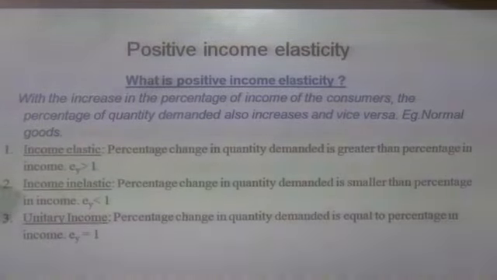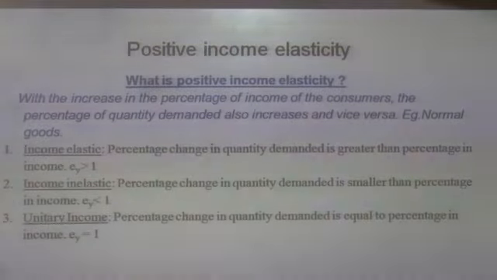Now, when we say positive income elastic demand, there are three types of positive income elasticity. The first one is income elastic, the second one is inelastic, and the third one is unitary. Let me go in short.